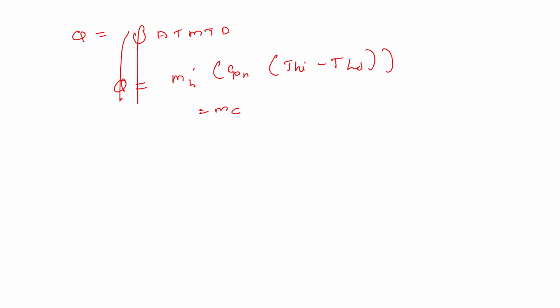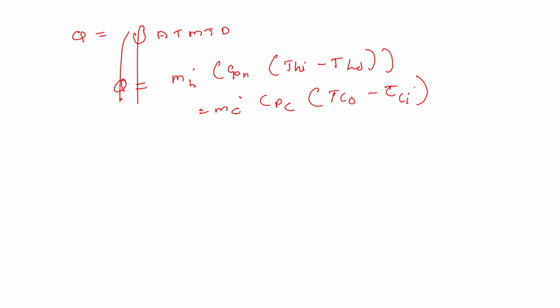So Q will be U A LMTD. From that, the heat transfer Q you can write as M H CPH times THI minus THO, that will be same as MC dot CPC times TCO minus TCI.